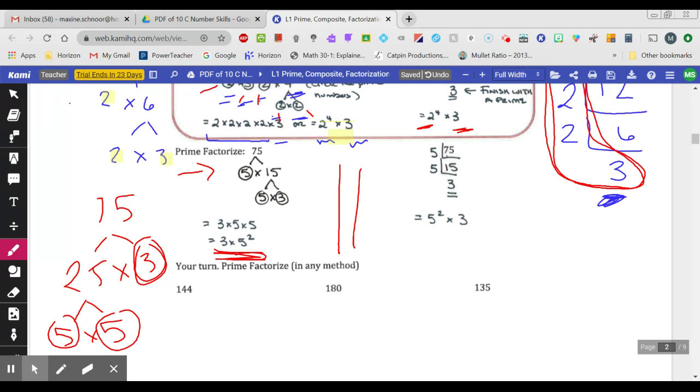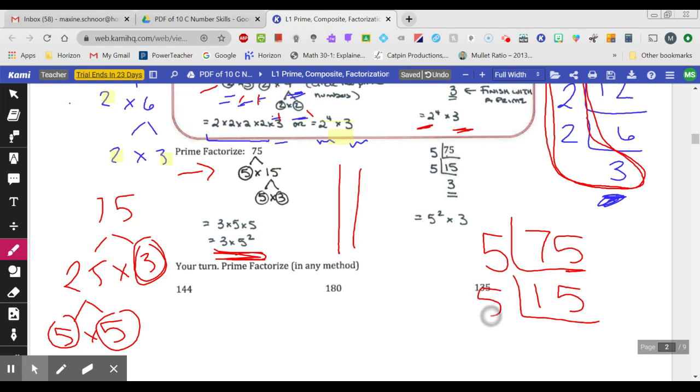If I were to do a stack, I did 75. I divided it by 5 because it ends in 5, so I know 5 works, and 5 is prime. So 75 divided by 5 is 15. I know 5 goes into 15 3 times, and I know 3 is prime. So 5 times 5 times 3, so there's my answer.